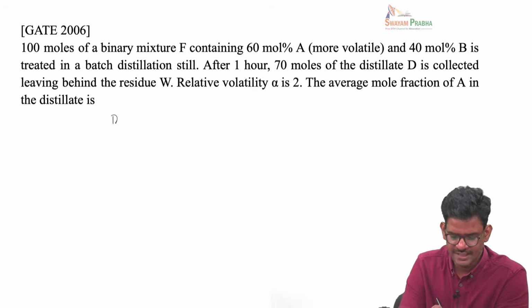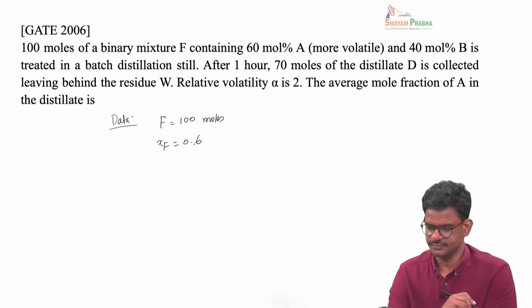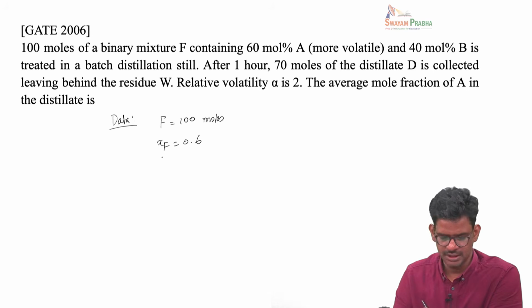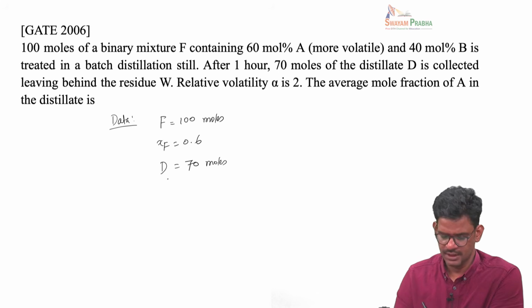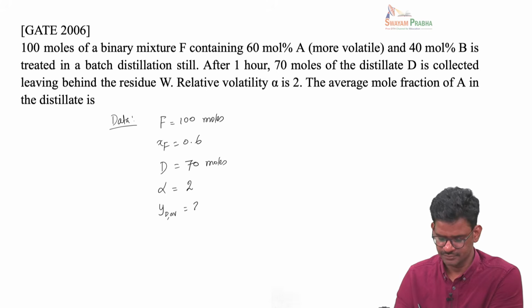So first we will write the data given. F is 100 moles, XF is 0.6, and at the end of the distillation process, D is given as 70 moles, relative volatility is 2, and we need to find YD average.